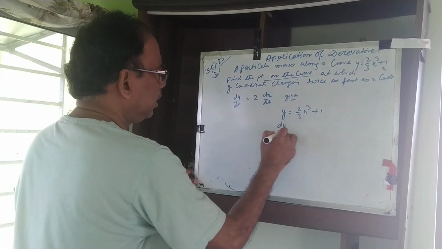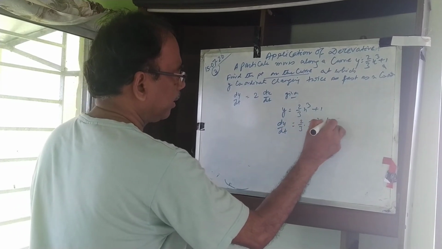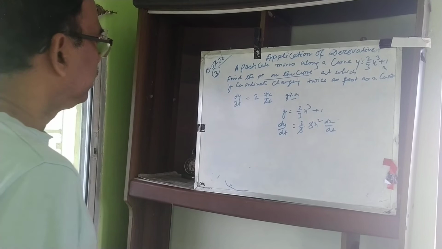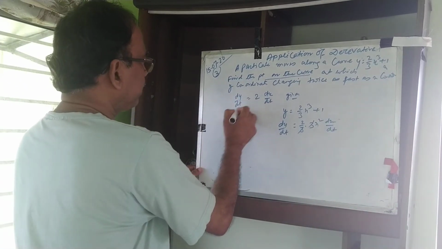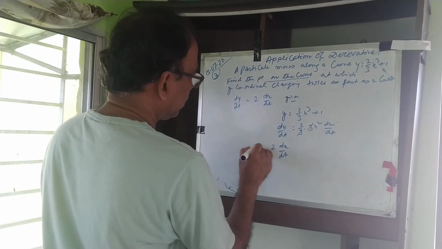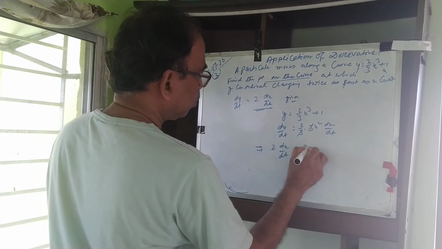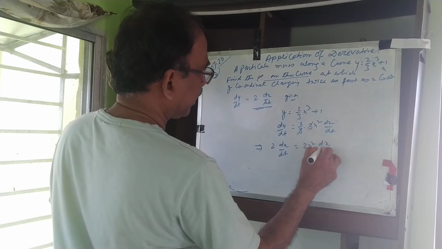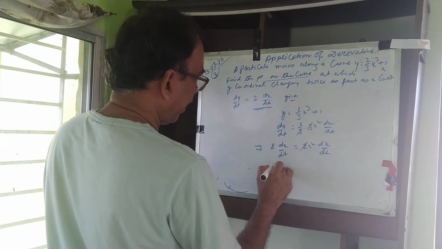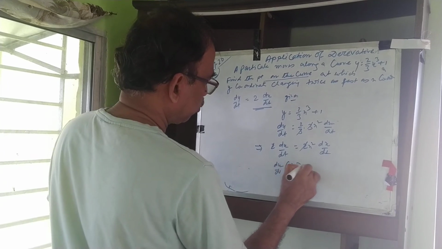Then dy/dt equals 2/3 into 3x² dx/dt. The 3 cancels. Then dy/dt is 2 dx/dt, so 2 dx/dt equals 2x² dx/dt. The 2 cancels and we can write dx/dt (x² minus 1) equals 0.